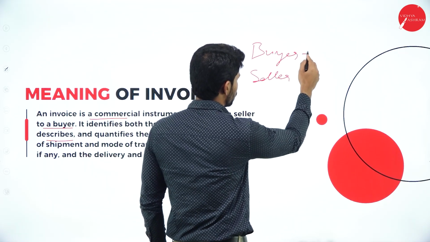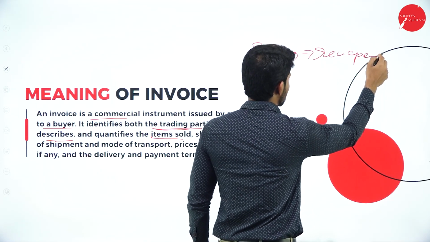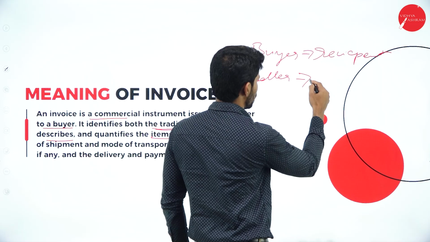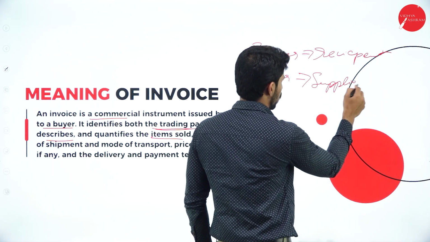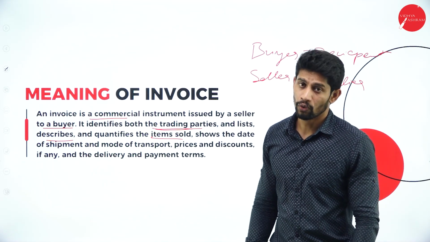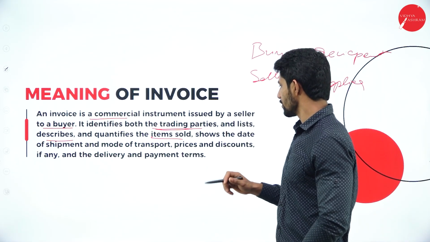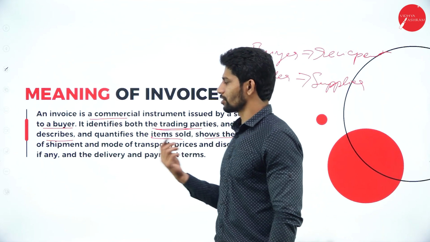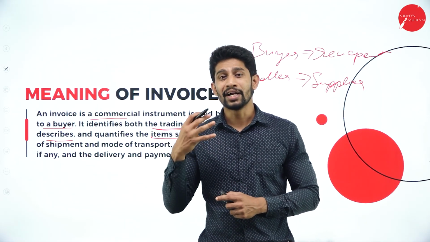Here the buyer is called the recipient, and the seller is called the seller or the supplier. So in an invoice, you can easily find both the parties, who is purchasing and who is selling the product. It also shows you the date of purchase, what items you are purchasing and how many units.